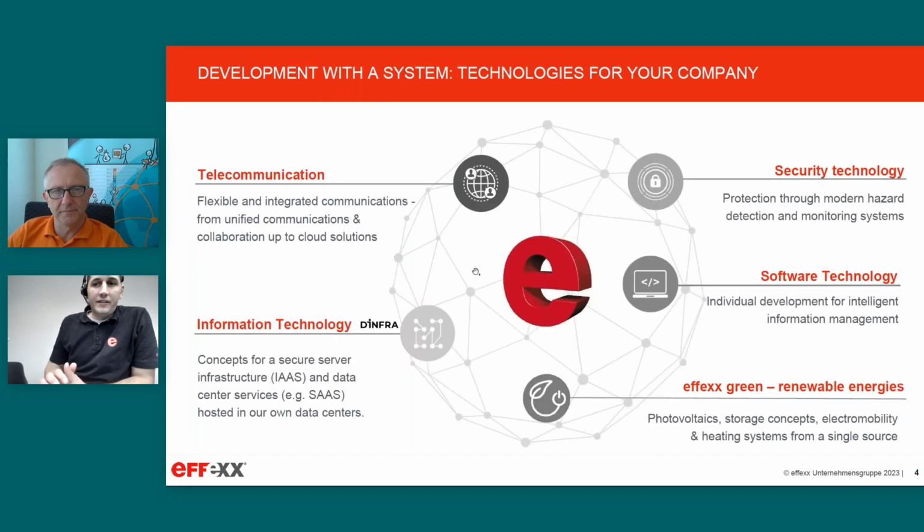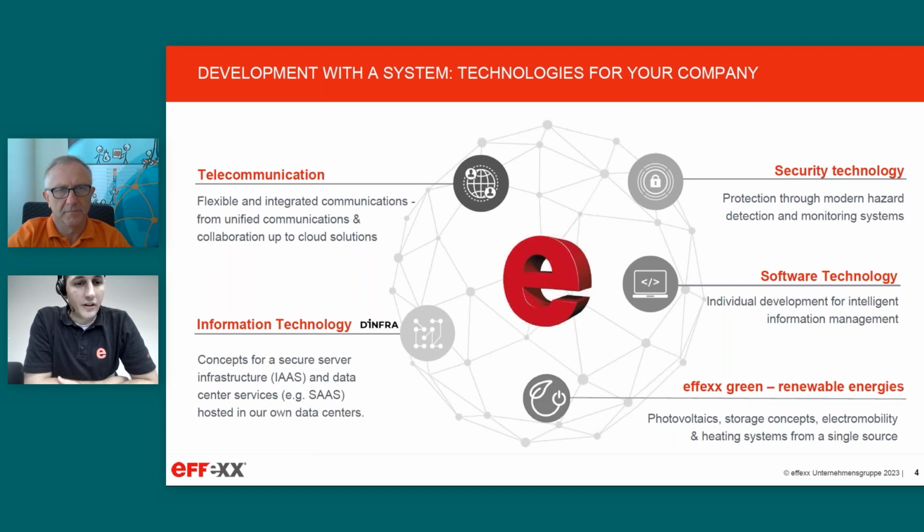Okay. Let's start with a short overview of the company effexx. effexx is going to be 50 years next year. We started our business in telecommunication and security systems. After that, we added software technology with our own software development, and the two newest parts are information technology, for example, infrastructure as a service, IaaS, or something hosted in our own data centers.